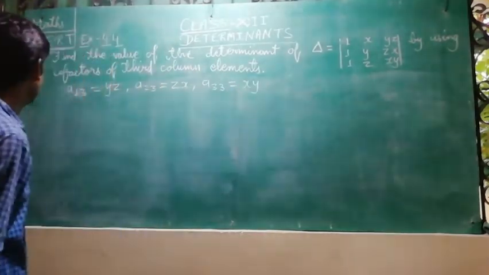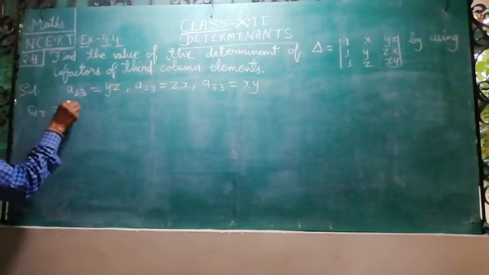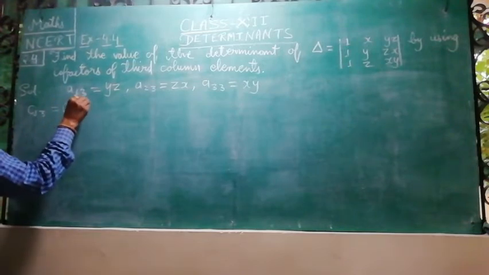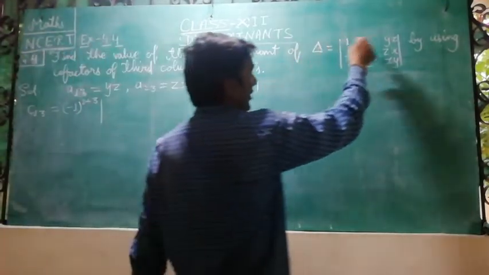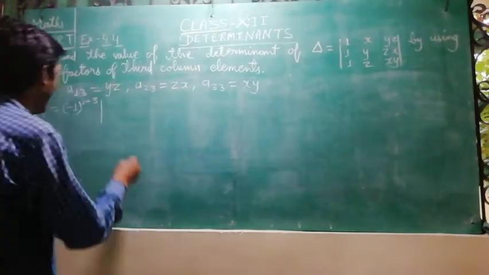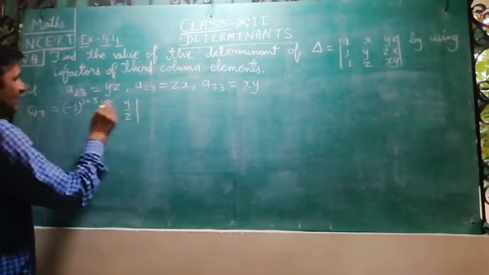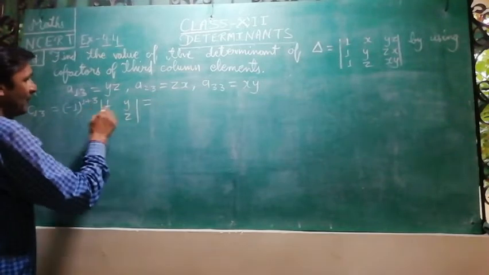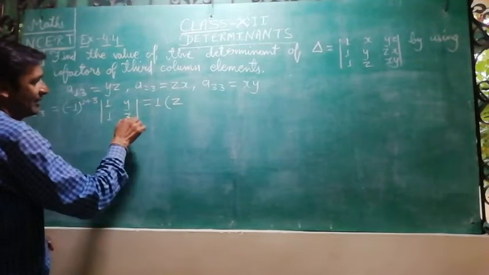Now C13 means cofactor, that is equal to minus 1 raised to the power 1 plus 3. 1, 3 means first row third column, so the remaining elements are 1, y, 1, z. Now minus 1 raised to the power 4, which is an even number, so it will be 1 only, and here it is 1 into z minus y.